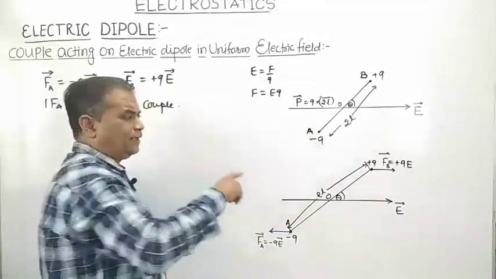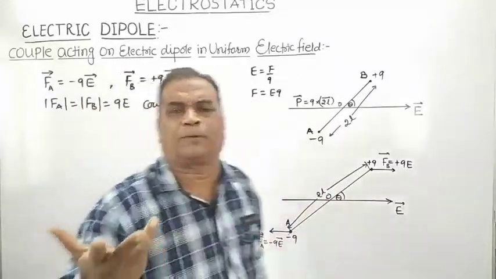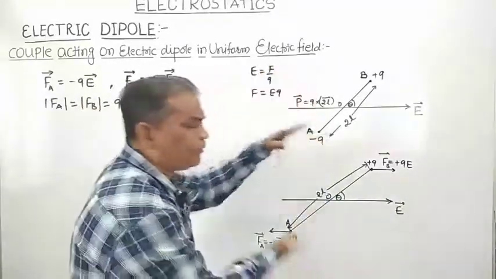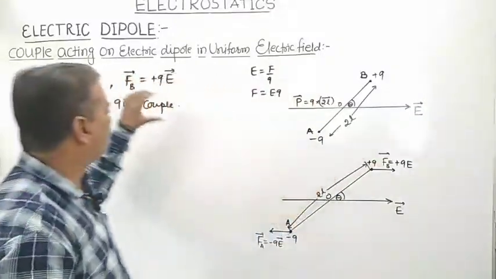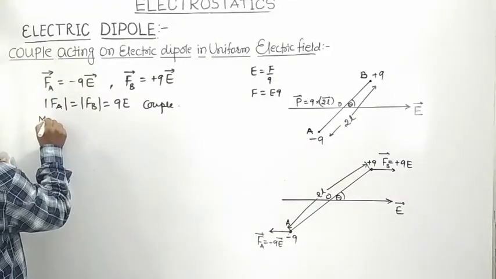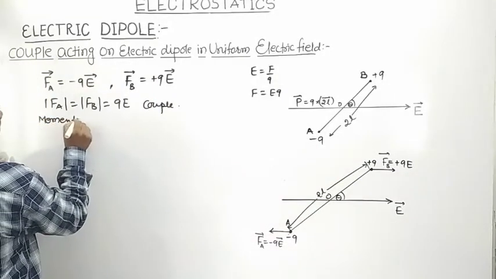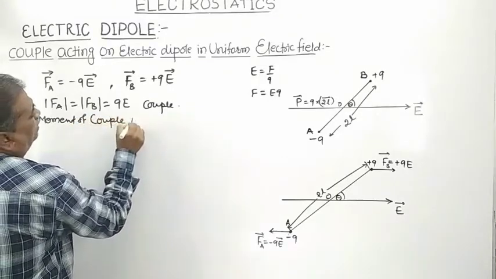So whenever we have such a pair of forces which are equal in magnitude but opposite in direction and whose lines of action do not coincide with each other, then they form a couple. And remember, the moment of a couple is called a torque.